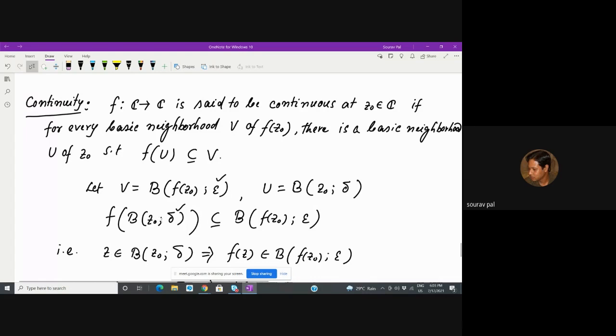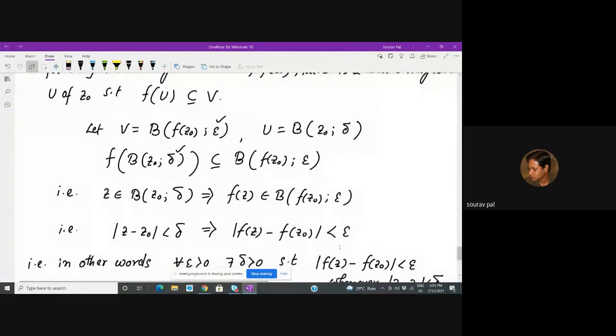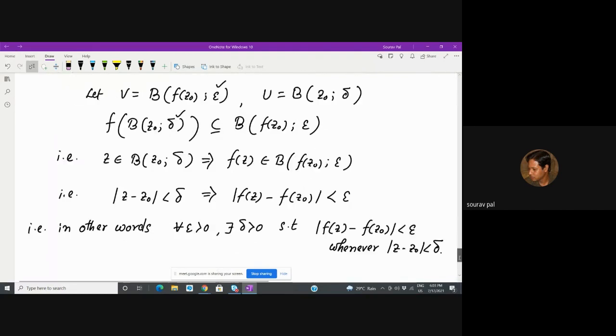Whenever z belongs to this ball, and as I said once again, we have a shorter notation to denote this. An open disk like this is denoted precisely like this, and we know how to denote a closed disk: we put a less than or equal to here. Anyway, we know this shorter notation. And this is the definition of continuity.